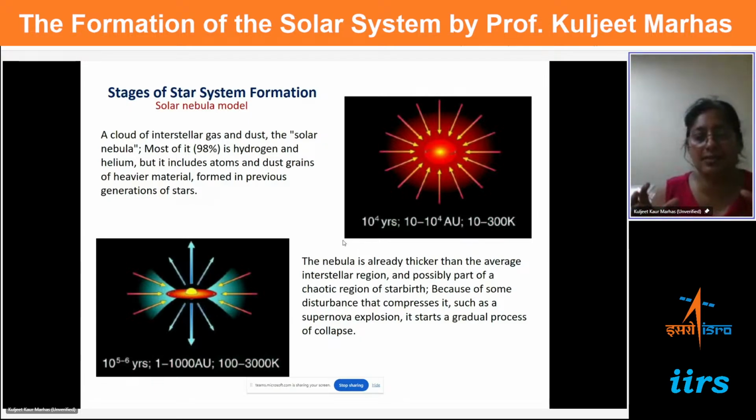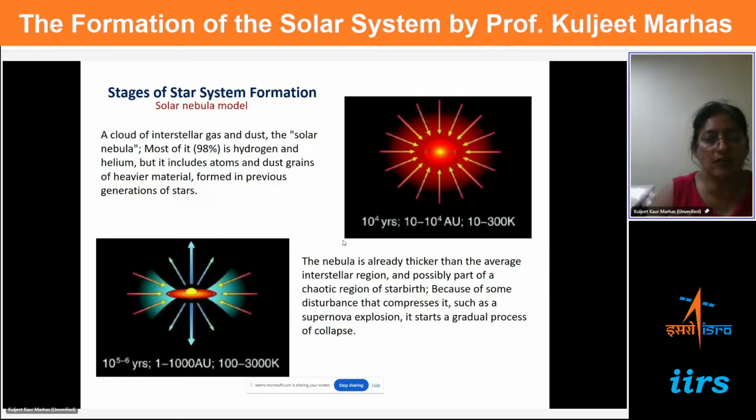Now this becomes thick and either gravitationally collapses or there is a triggered collapse to form the sun at the center. So there is dense material in the center, and this becomes denser and denser by collecting the material from inside. A star will form when hydrogen fuses to helium, and this has to form at the center.